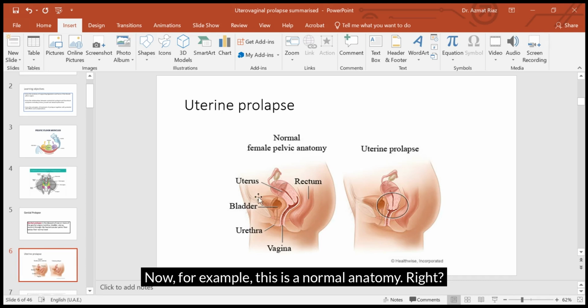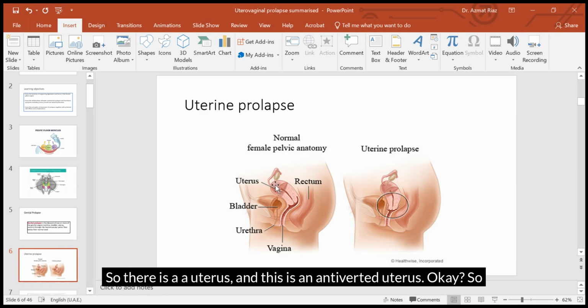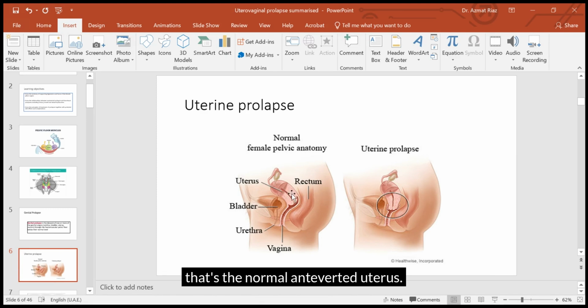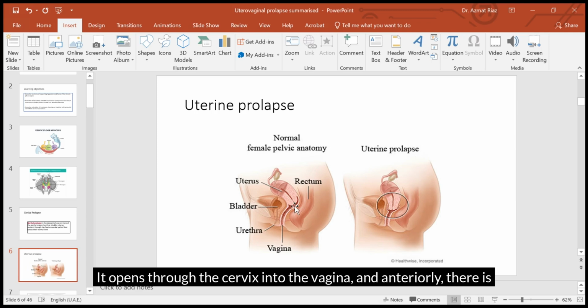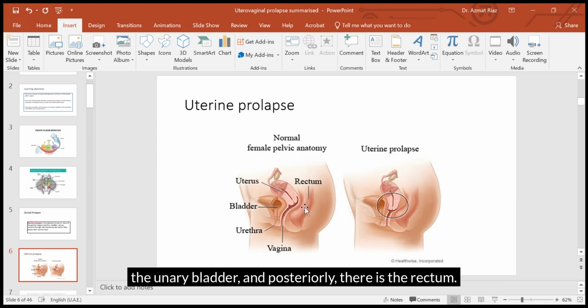So when they go below their normal position, that's genital prolapse. For example, this is a normal anatomy. There is a uterus, and this is a normal anteverted uterus. It opens through the cervix into the vagina, and anteriorly there is the urinary bladder, and posteriorly there is the rectum.